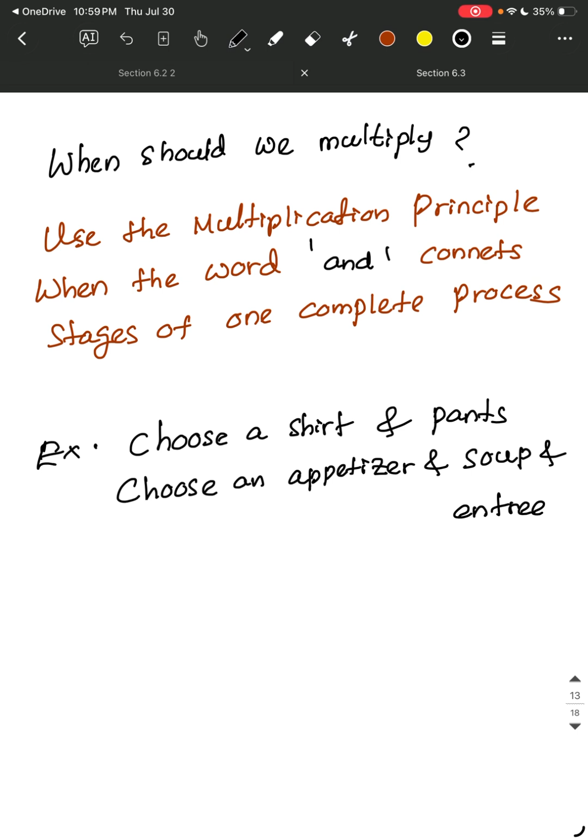The multiplication principle is used when a process consists of several tasks performed in sequence. If the first task can be completed in m ways and the second task can be completed in n ways, then the entire process can be completed in m times n ways. For several stages, we multiply the number of choices available at every stage.